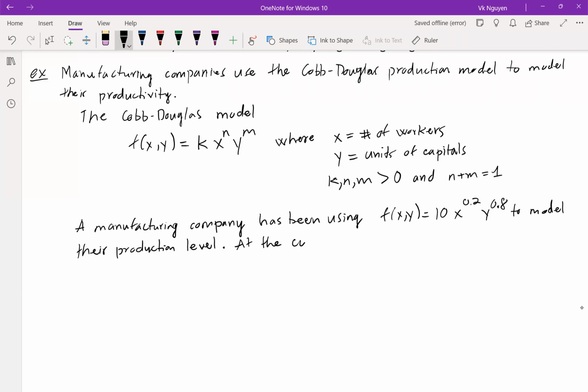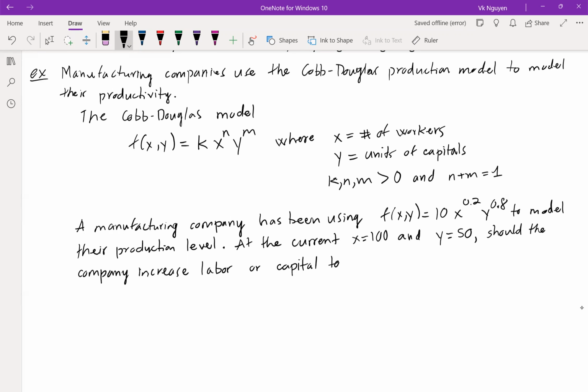At the current x equal 100 and y equal 50, should the company increase labor or capital to achieve the greatest increase in production level?